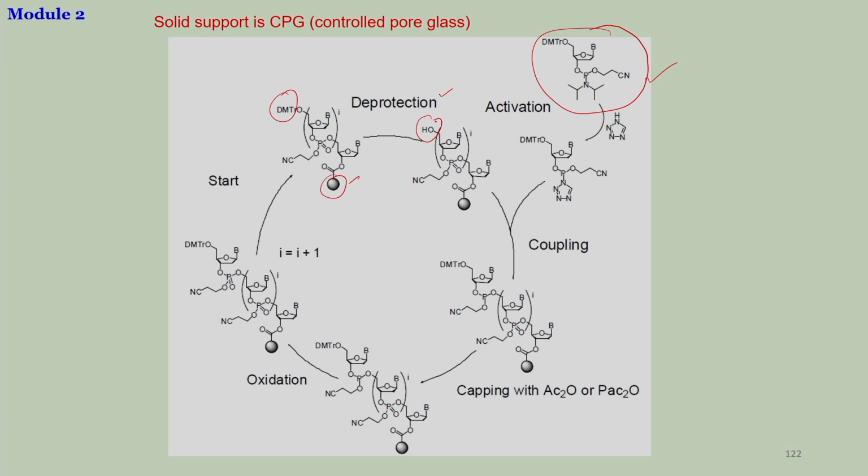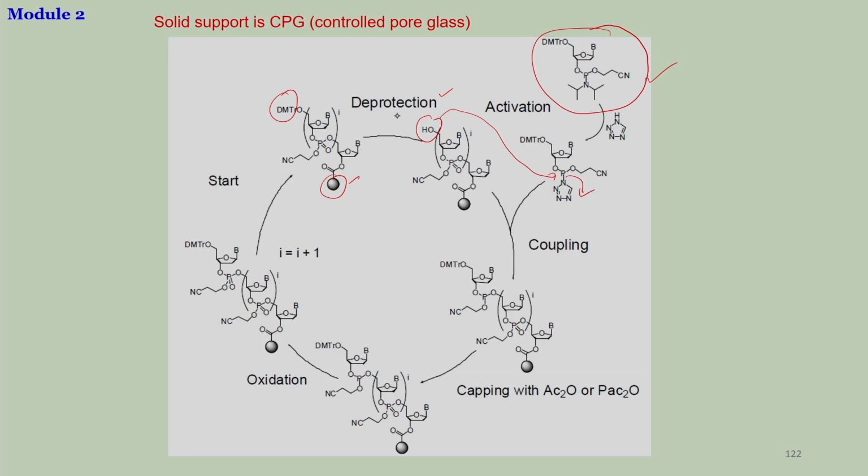This OH is free and it can act as a nucleophile, so it can react with this phosphorus. Before that, this molecule is stable, so you need to activate it, and that is done with an activating reagent like this. It will activate, and then this OH will react with this phosphorus, clipping this out.